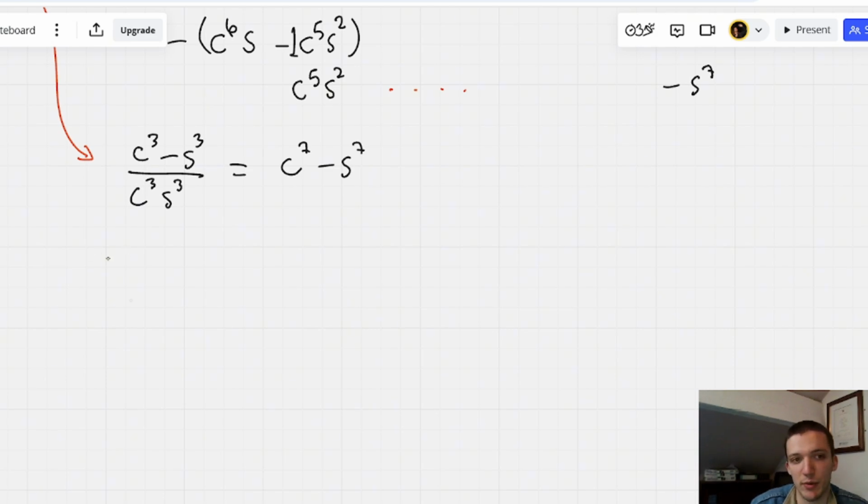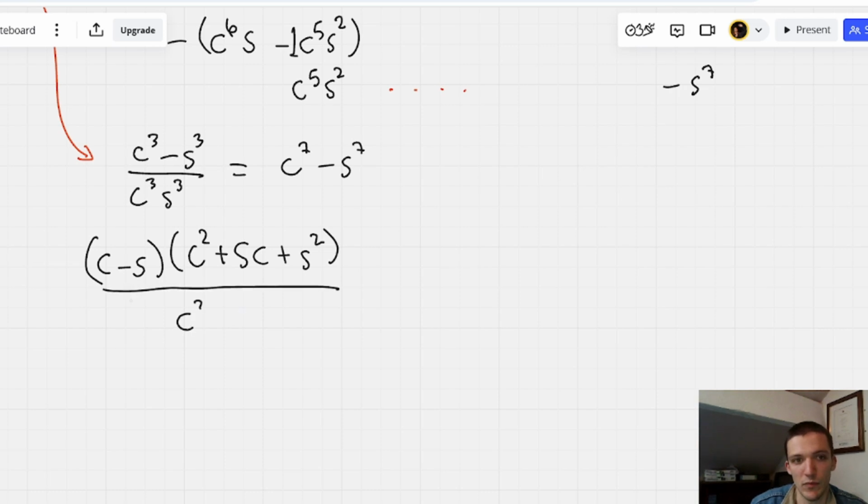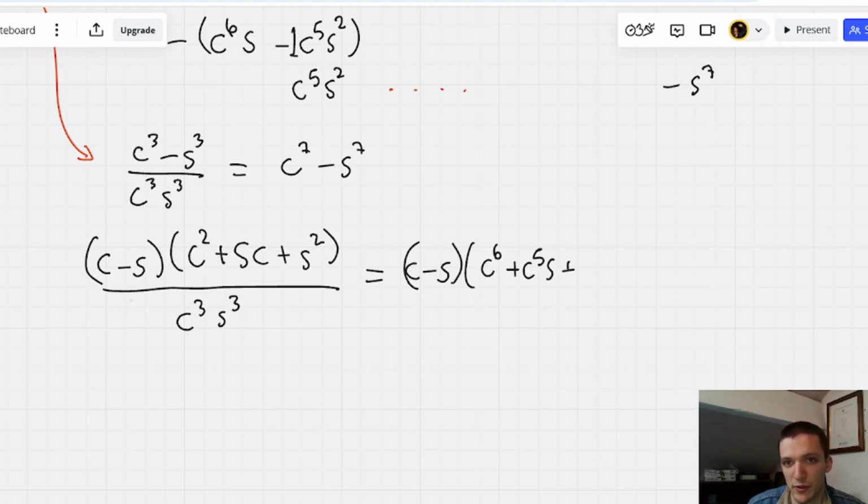We've now said this is equal to c minus s brackets c squared plus cs. I'll write an sc instead, plus s squared over c cubed s cubed equals c minus s. And then we've got this huge thing, which was c^6 plus c^5 s plus c^4 s squared plus c cubed s cubed plus c squared s to the 4 plus c s to the 5 plus s to the 6.